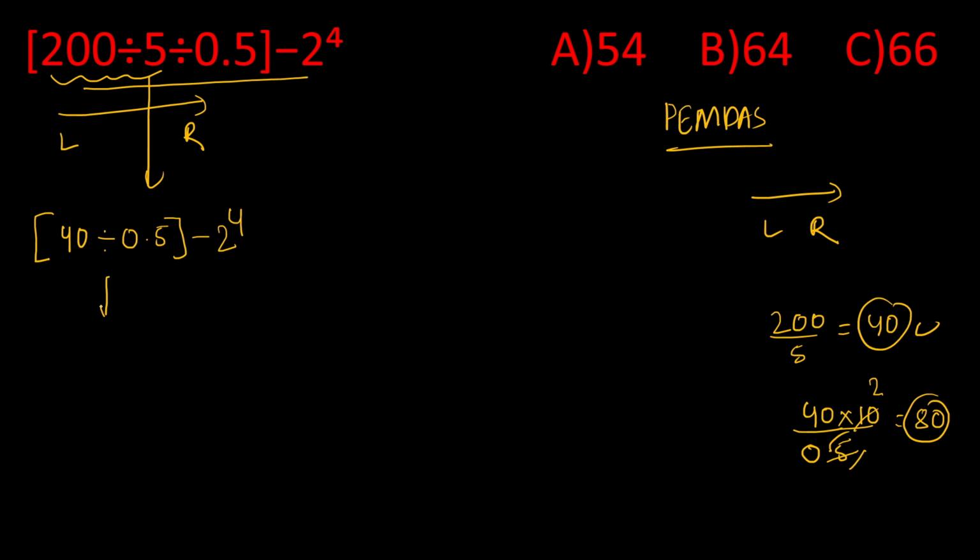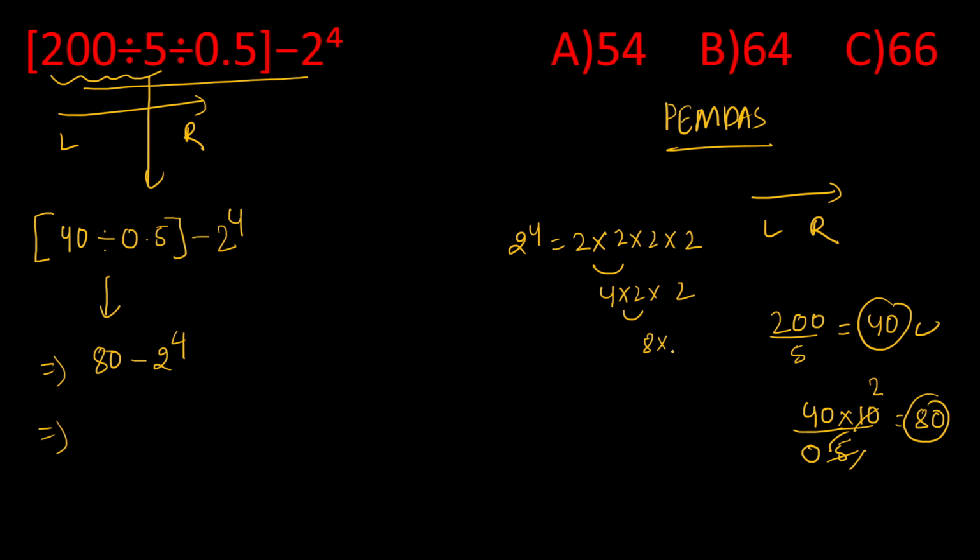So we'll simply put the value 80 here for the whole bracket, and minus 2 to the power 4. Here 2 raised to 4 is nothing but 2 times 2 times 2 times 2. 2 times 2 is 4, times 2 is 8, 8 times 2 is 16.